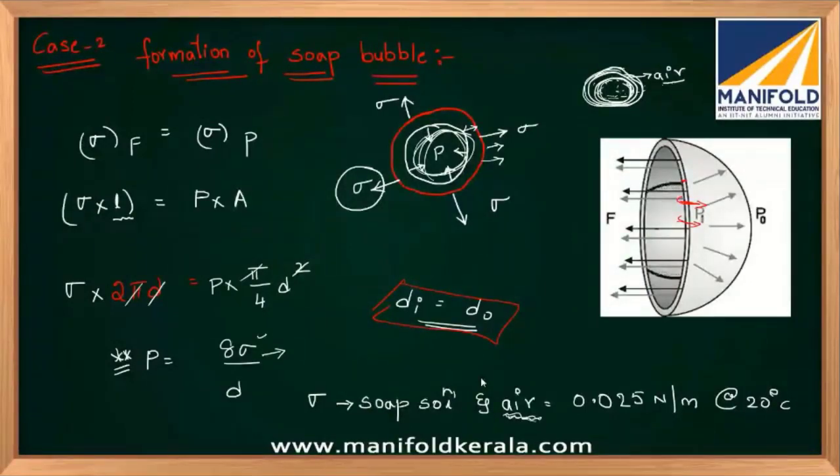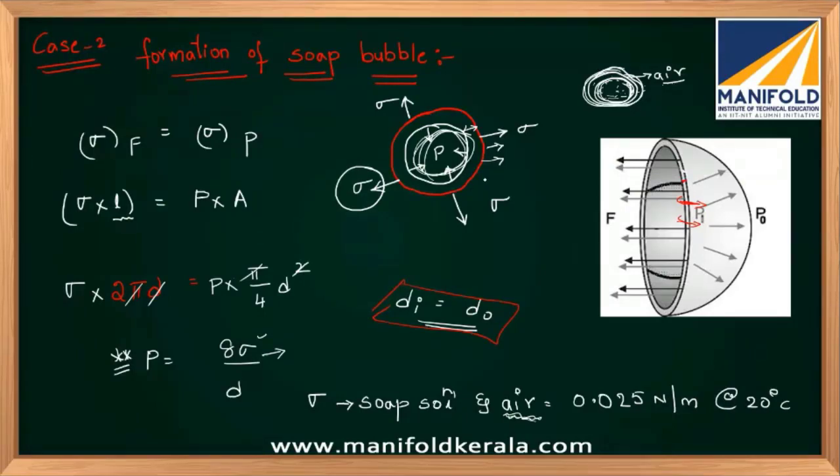That's why when I was showing you the diagram, the printed diagram which I have inserted in the PPT, there are 2 different thicknesses of the soap bubble with very small thickness. The inside one is due to soap detergent and the outside one is due to water, because soap and water get mixed up and form the bubble, and the outer part will have some air molecules or atmospheric molecules.